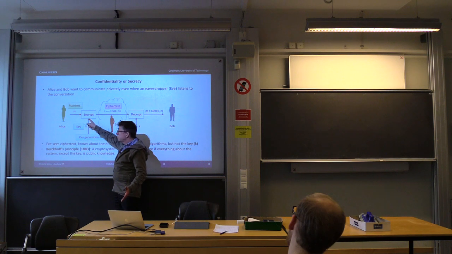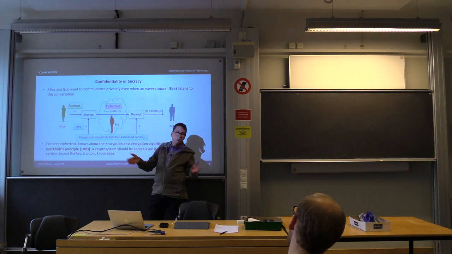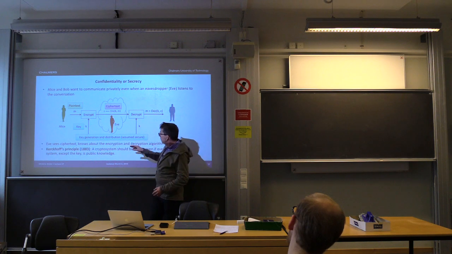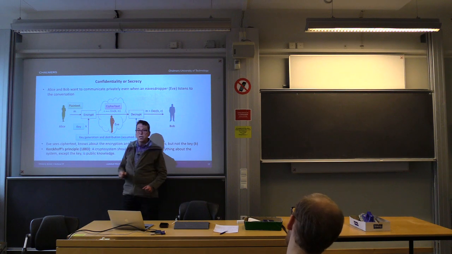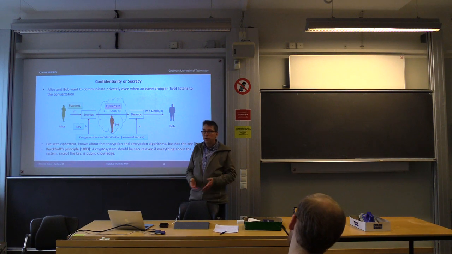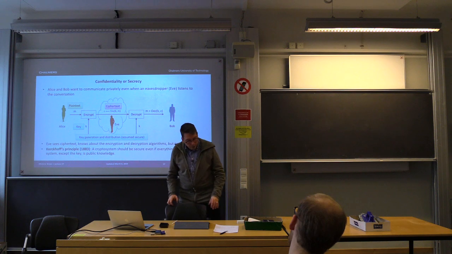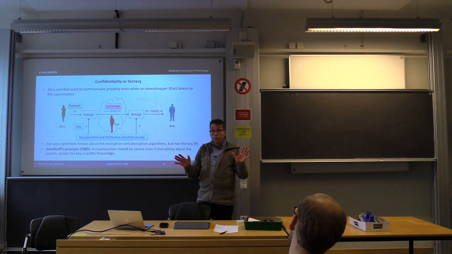So why not have a system where the encryption algorithm and decryption algorithm are public knowledge, and the only thing that can be compromised is the key, and we can replace the key easily? Right? We just generate a new key if that ever happens. Right? Okay, so that's the general setup. Any questions on this?